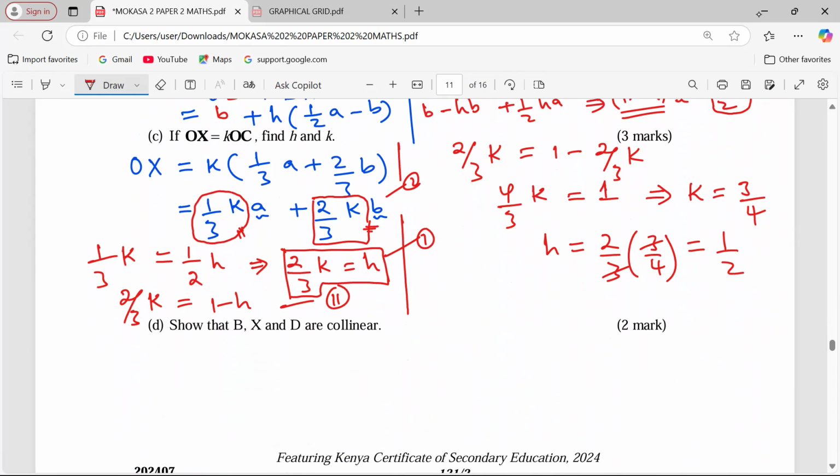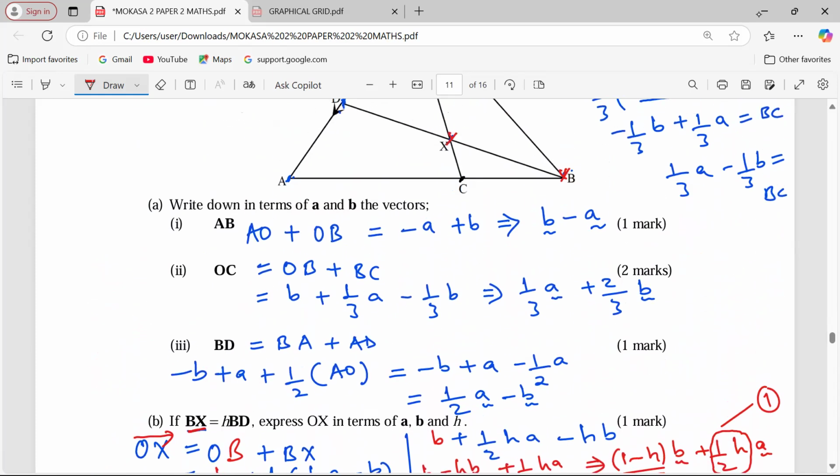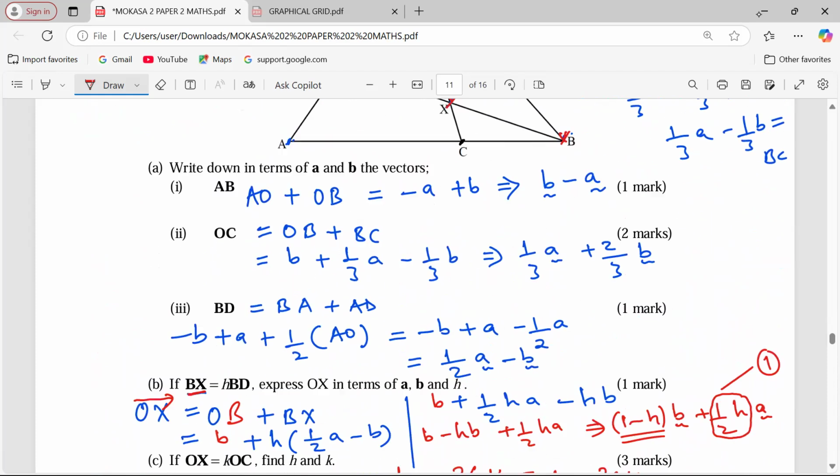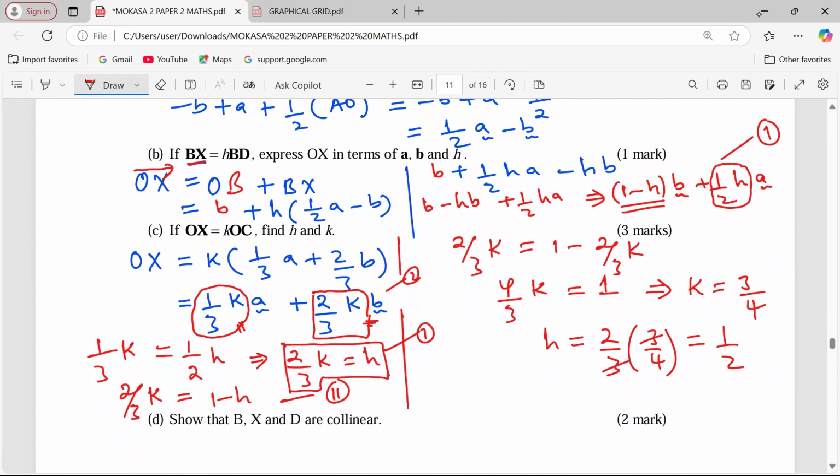Look at part D now. Show that B, X, and D are collinear. These are points which we're supposed to prove are collinear. Looking at the diagram, they are already lying on a straight line, so ours is to prove it mathematically.